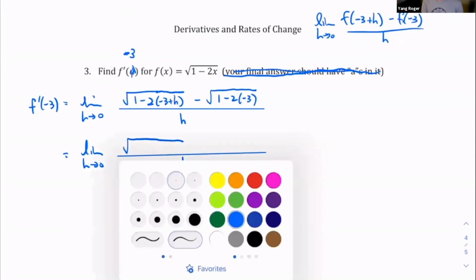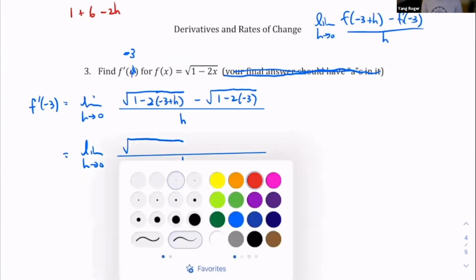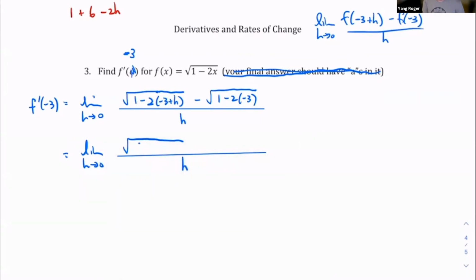When I distribute the -2 times -3, that gives me +6. Sorry, not -1, it'll be 1 plus 6. And then when I distribute the -2 to the plus H, it's going to be -2H. So it's 1 plus 6 minus 2H, which gives me 7 minus 2H.